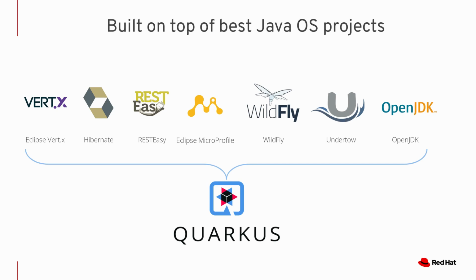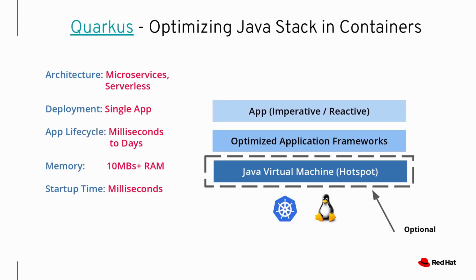So it really means that if you would like to start using Quarkus, you don't need to learn a new framework. You just will need to use different libraries as dependencies to your existing Java EE or MicroProfile applications. So the main goal of the Quarkus framework is really to optimize the resource consumption of Java running in containers.